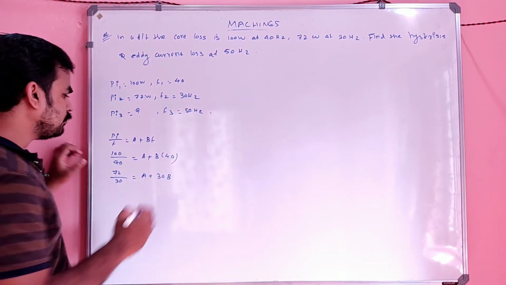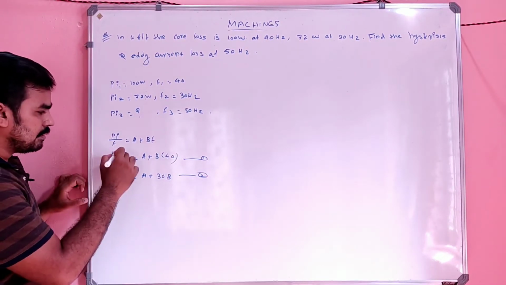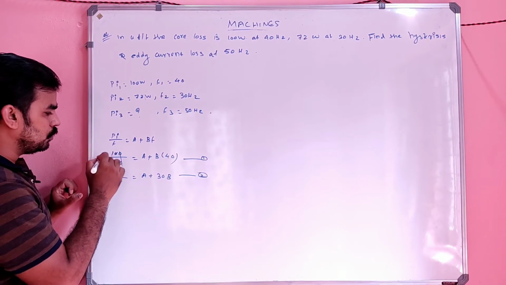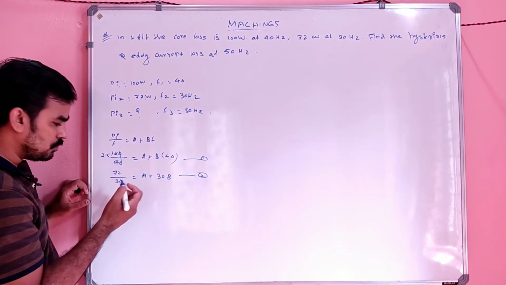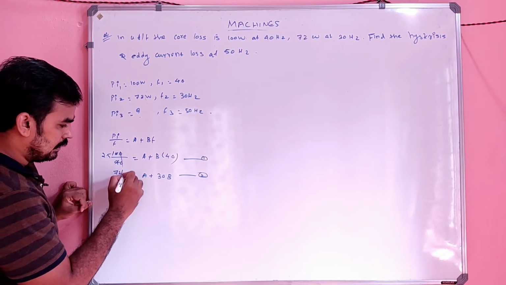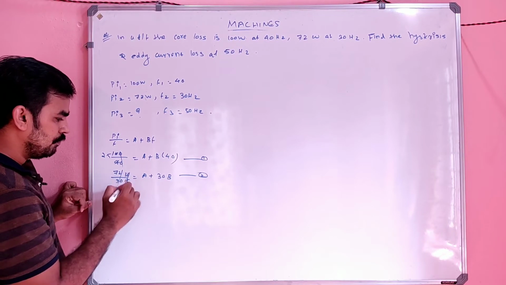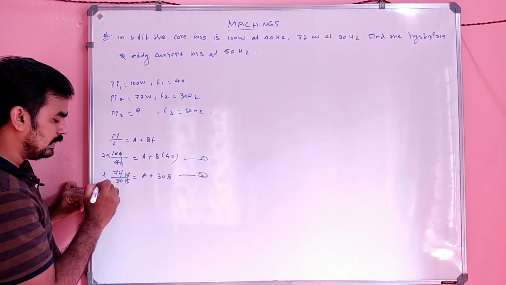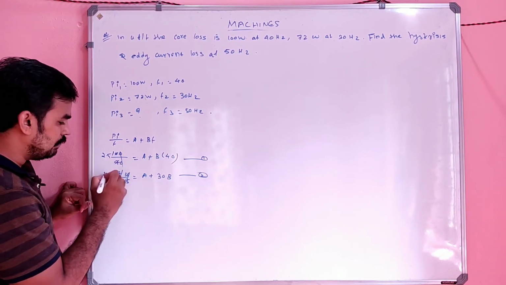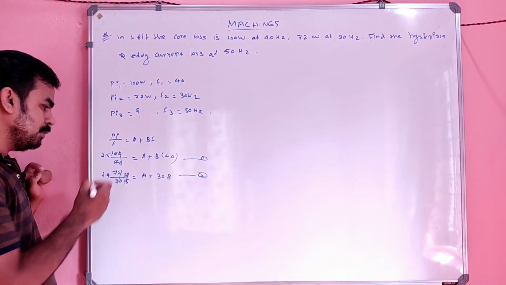Let this be equation number 1 and this be equation number 2. You can reduce this, so it will become 2.5. 5 by 2 is 2.5. And 72 by 30 reduces to 36 by 15, and that will be 2.4.